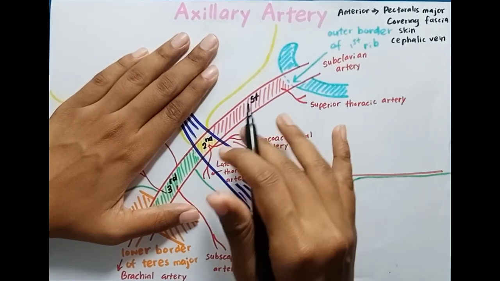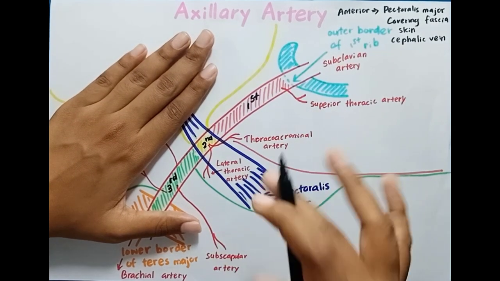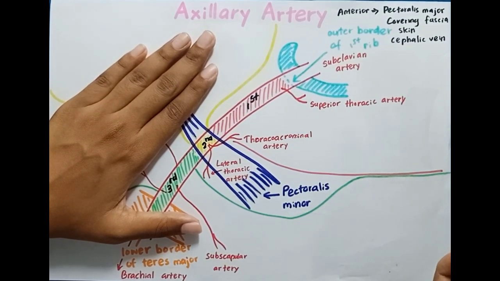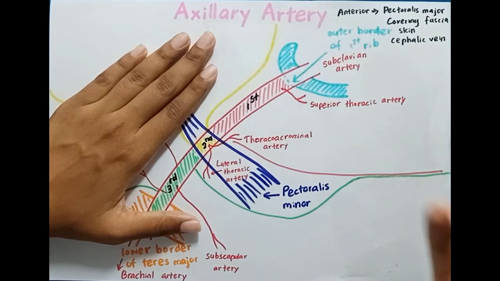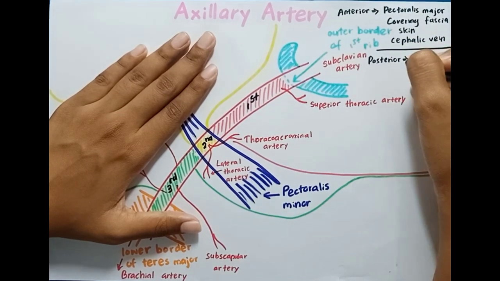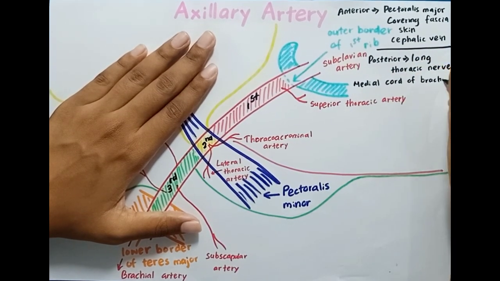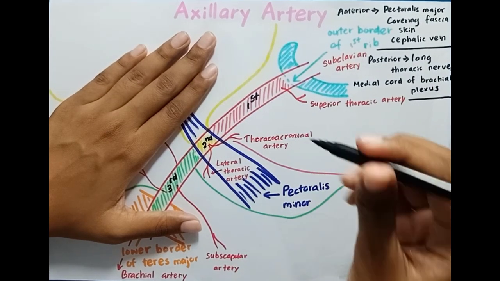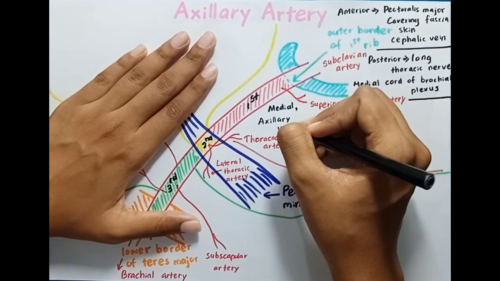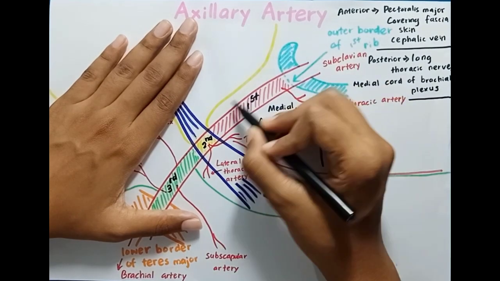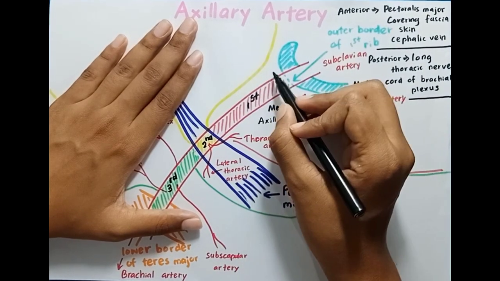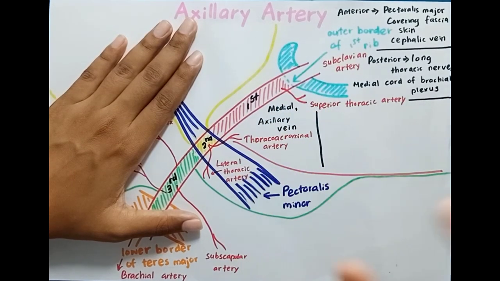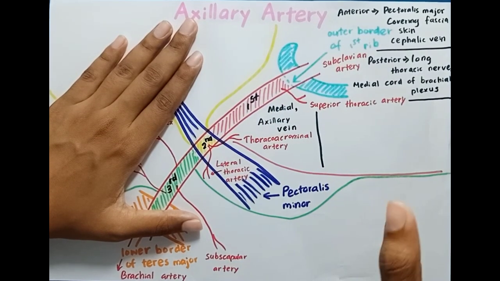Posteriorly, there is the long thoracic nerve and the medial cord of the brachial plexus. Medially, there is the axillary vein. Laterally, there are the lateral and posterior cords of the brachial plexus.